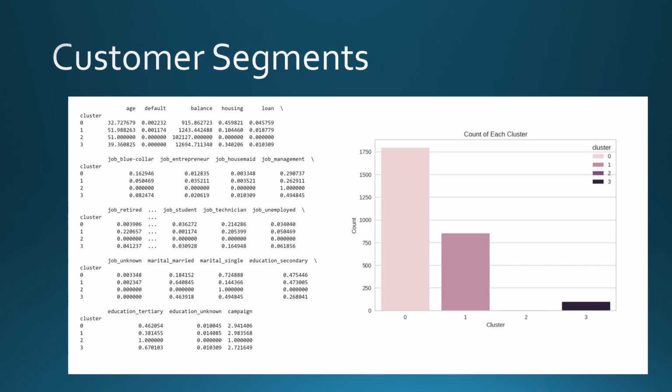With an average age of 51 years, 64% are married. They have a lower rate of having a home loan, with an average balance of €1,200. The final group is middle-aged and college-educated. They have an average age of 40 years, approximately 50% are in management jobs, 67% are college-educated, with an average balance of €12,000.